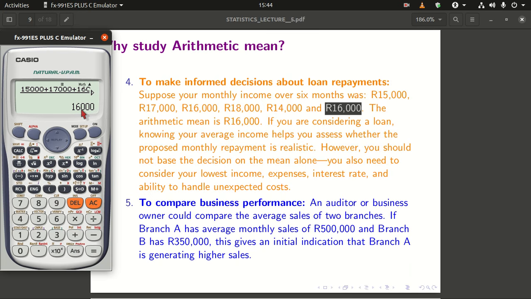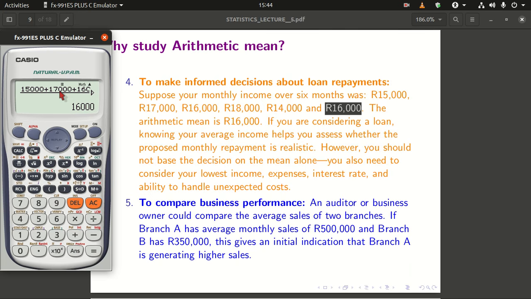You have to look at the month whereby you're making the lowest income, but at least the average is giving you an idea of what is your monthly salary. So that is what the arithmetic mean actually helps you to determine: will you be able to pay this loan, or should you need to negotiate for them to reduce the monthly payment.